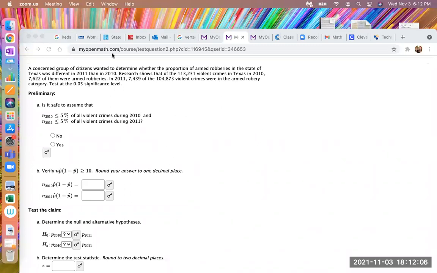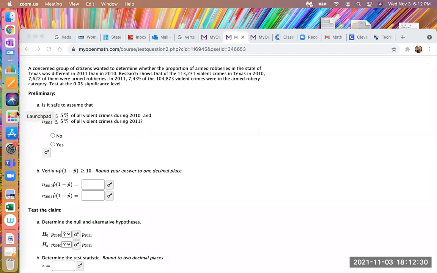I think for this first part, we normally just say yes, yes, and we just kind of wave our hand. They're just putting it here to remind you that in real life you would have to do this calculation. In this problem, I don't think that they actually want us to do this calculation. I think when they give us research shows that this amount of violent crimes in Texas, that's sample data.